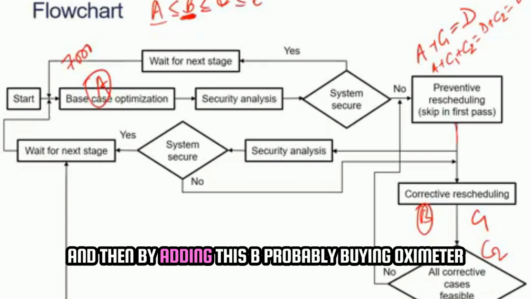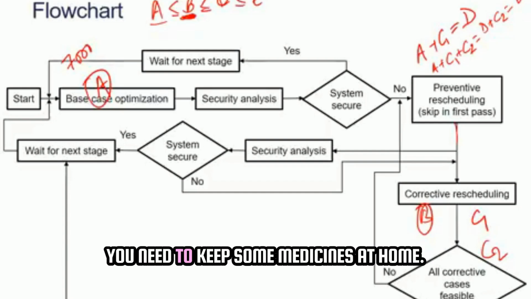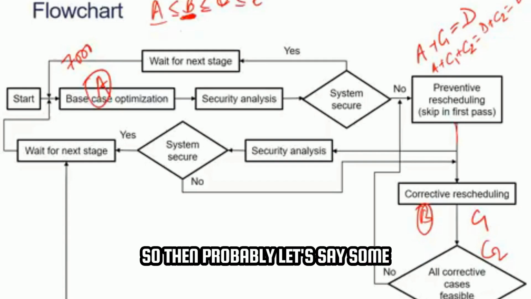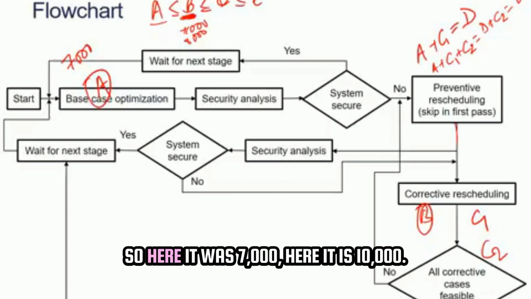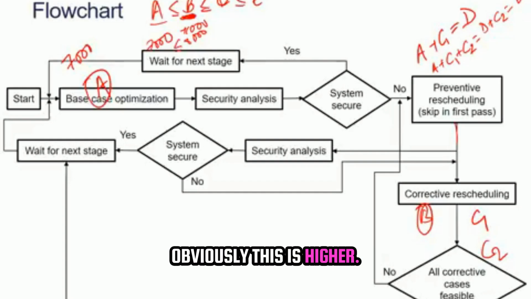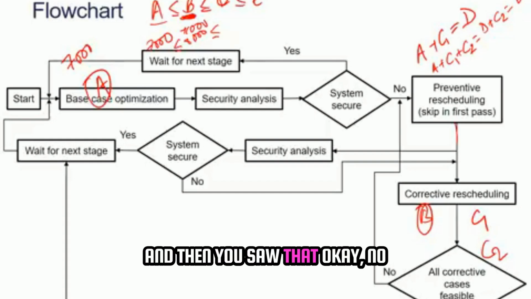And then by adding this B, probably buying an oximeter and keeping some medicines at home, let's say some plus 1,000 is added here. So the total is not 8,000, right? Here it was 7,000, here it is higher. Then you saw that this is not enough.